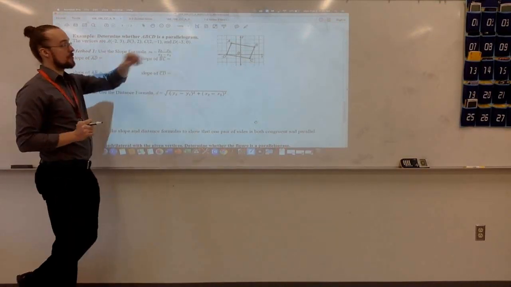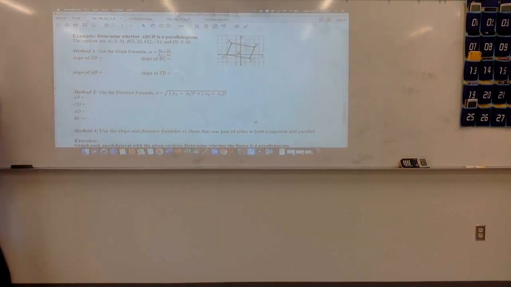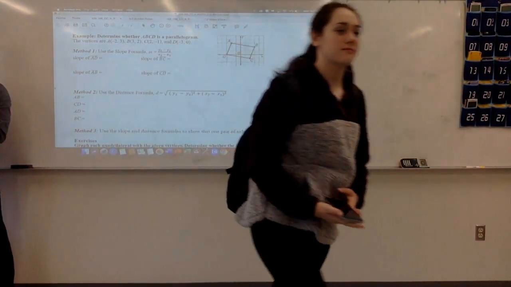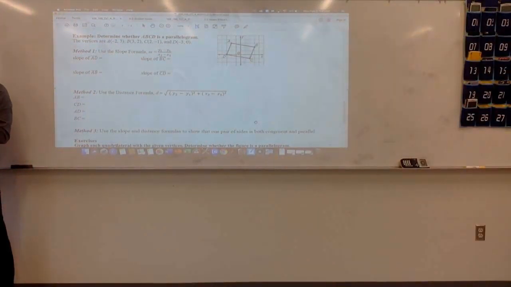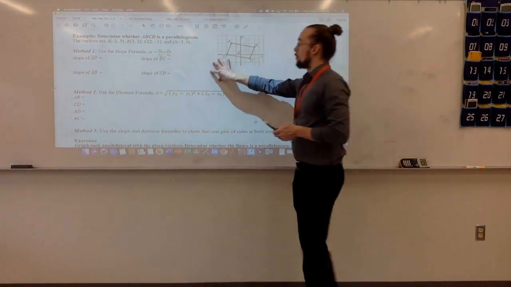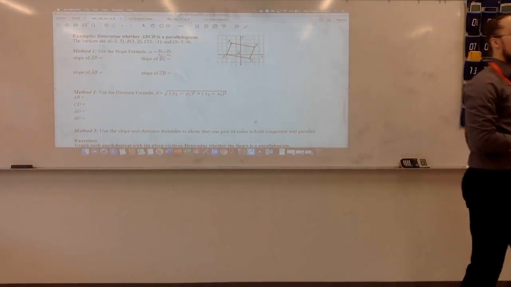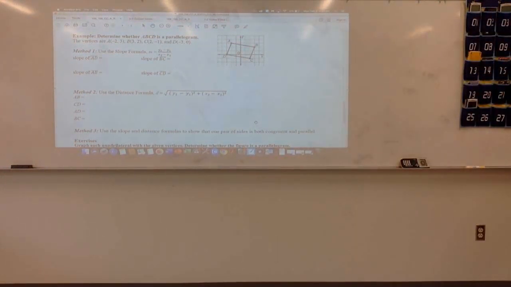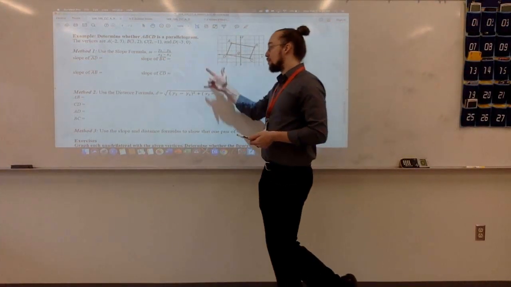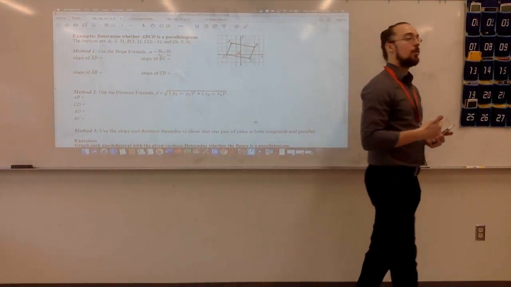On problems like this, where we are given vertices of a potential parallelogram, we have two ways to determine whether it is a parallelogram or not.